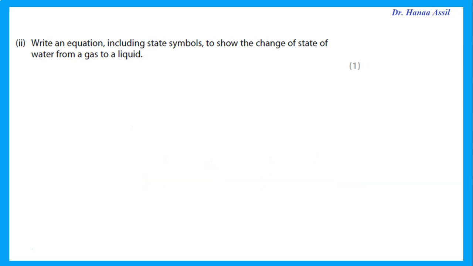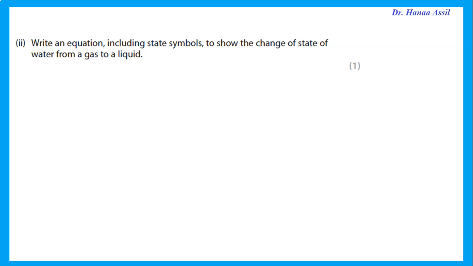Write an equation including state symbols to show the change of state of water from gas to liquid. So we're required to write an equation, and that means symbol and balanced. We also need state symbols, and we're trying to write an equation that shows change of state of water.